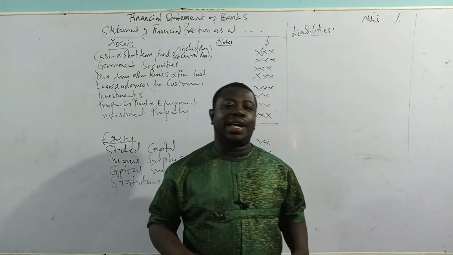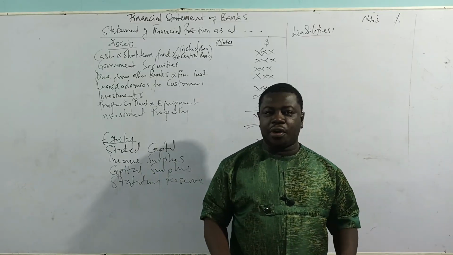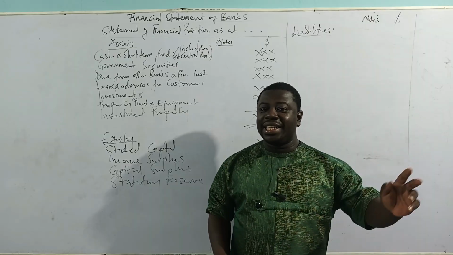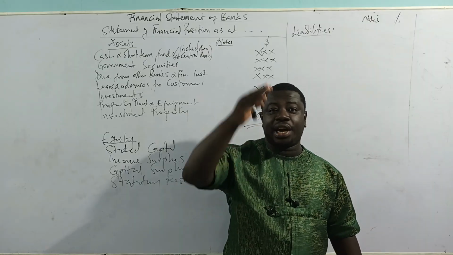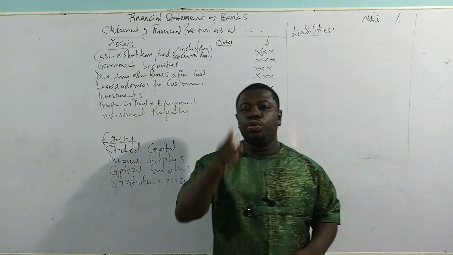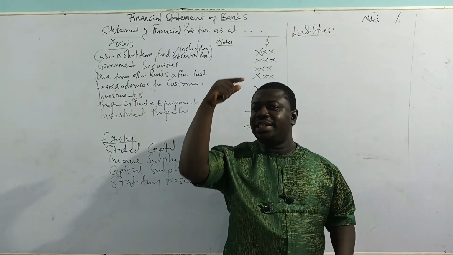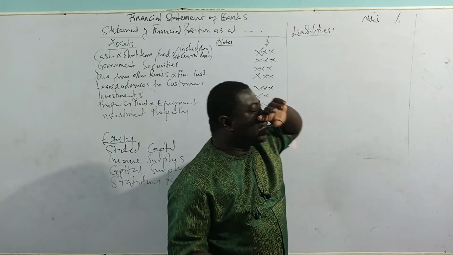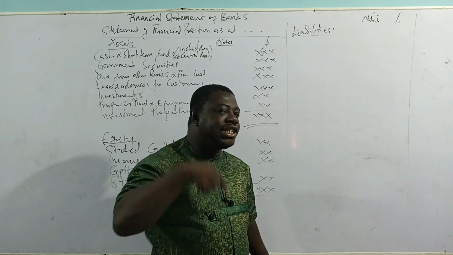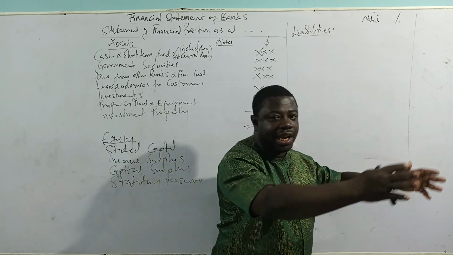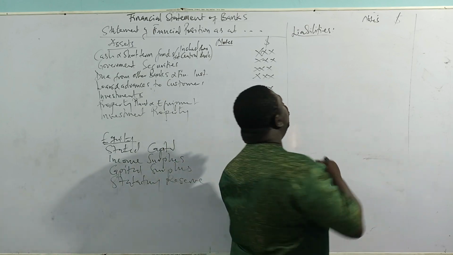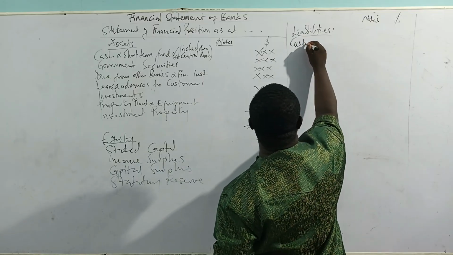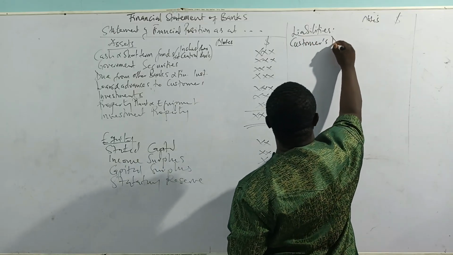So people don't understand why in the books of a firm debits are gains, but in a bank, when your balance is going up, we credit you, because to them you are a creditor and they see your balance as a liability. So all customers' deposits with the bank are liabilities to the bank because they must eventually pay when the customer demands it. So the first liability I'll mention here is customers' deposit.